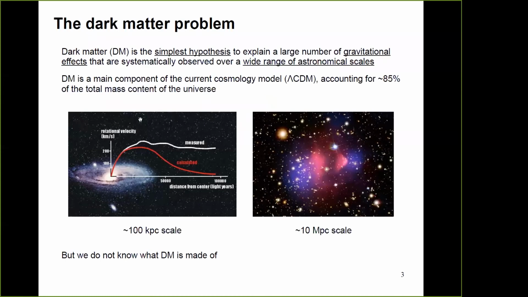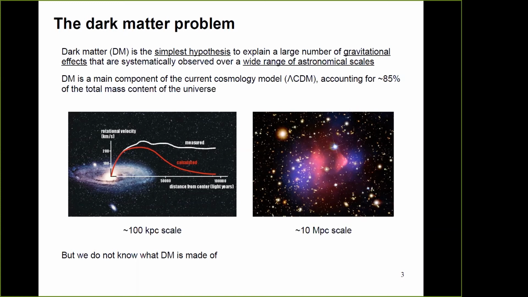So to start with, dark matter is a concept in astrophysics and cosmology which is necessary to explain a series of gravitational effects that are observed. So we observe these effects, but we don't see any matter causing them. So what is hypothesized is that there exists this dark matter that is causing those effects. This dark matter component is actually more abundant in mass than ordinary matter and accounts for approximately 80% of the total mass of the universe.